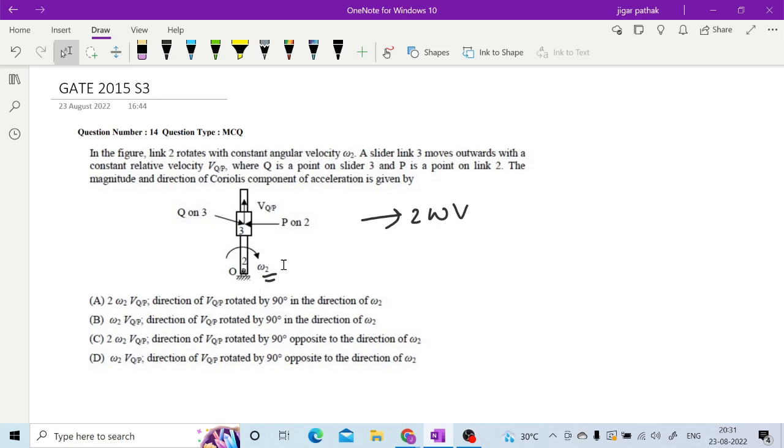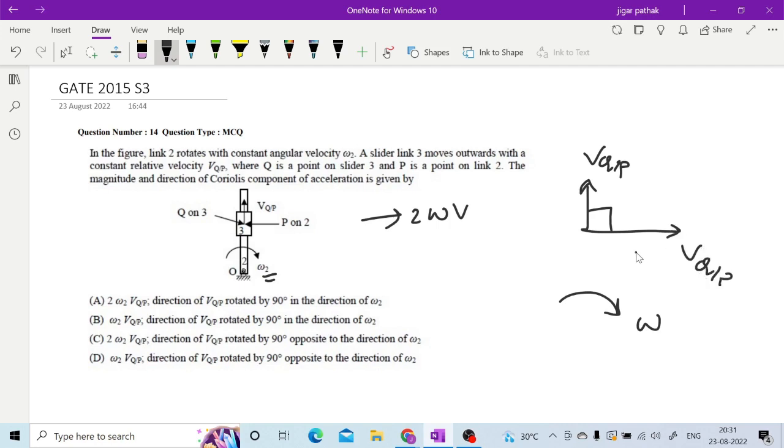So rotating VQP in the direction of omega 2, that is into the plane, so it will be in the opposite direction, no, sir? No. See, your VQP is like this, and the direction of omega 2 is clockwise. So you have to rotate this vector of VQP by 90 degrees in the direction of this omega. This is how you will get your 2 omega v.